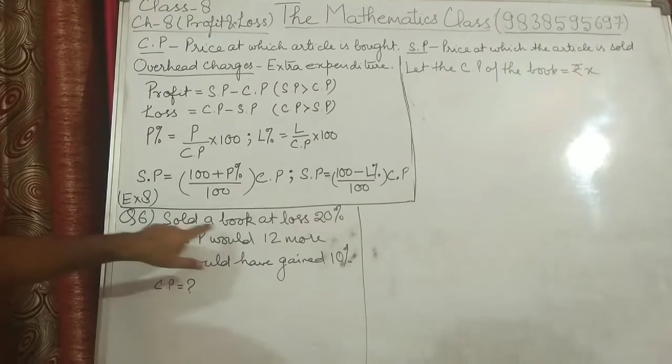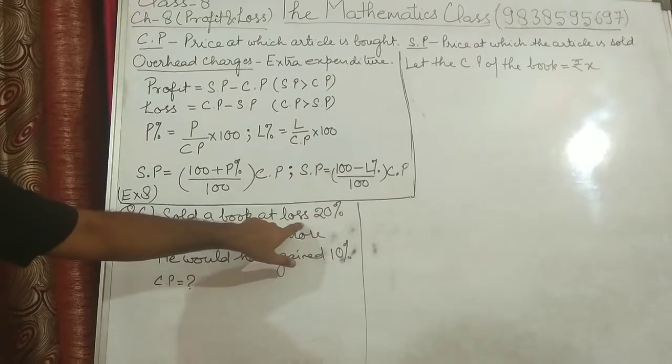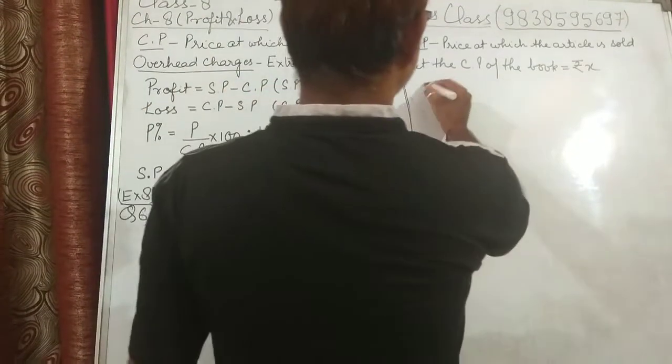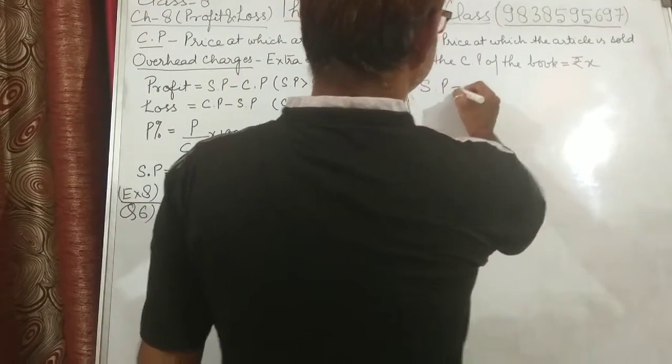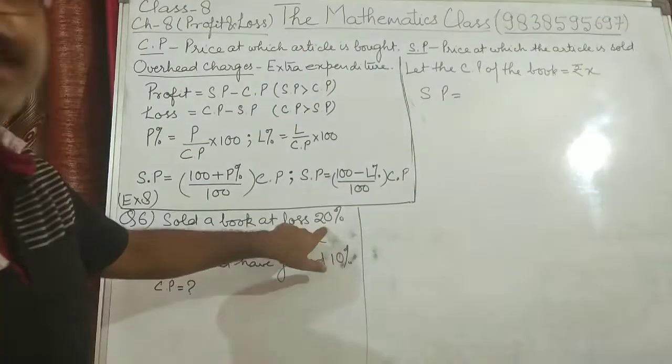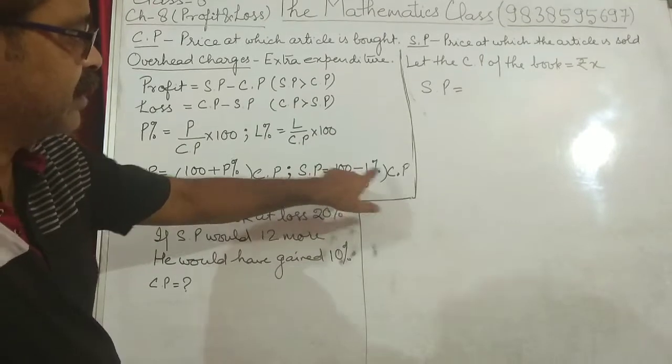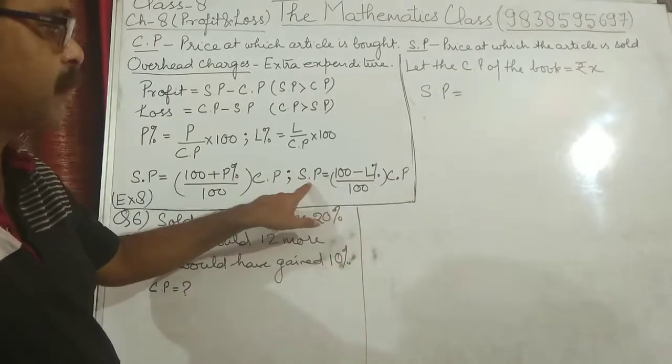They say sold the book at a loss of 20%. It means we can calculate the selling price. How can we calculate the selling price? Because loss percent is given, and we know when loss percent and CP are given, we can find out the selling price.